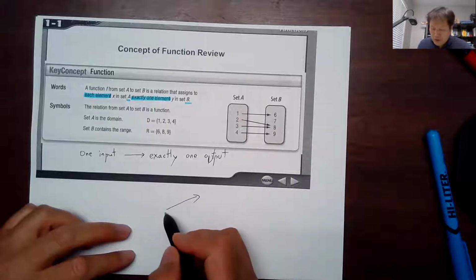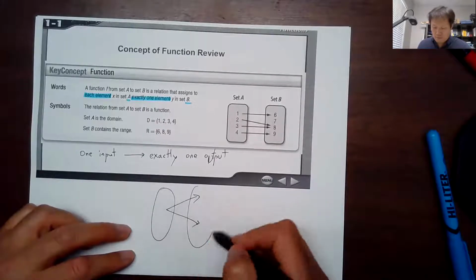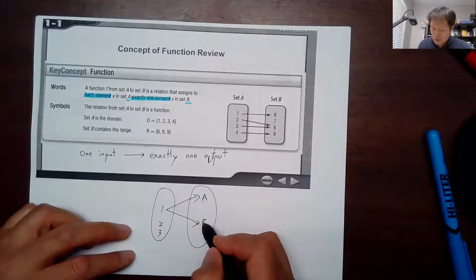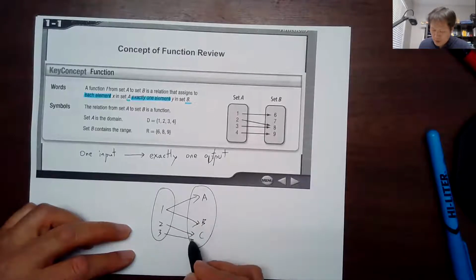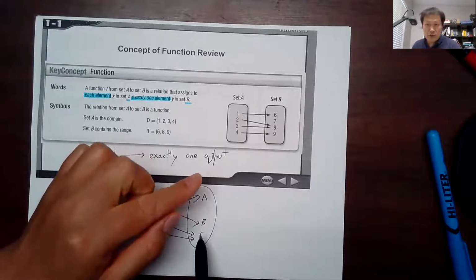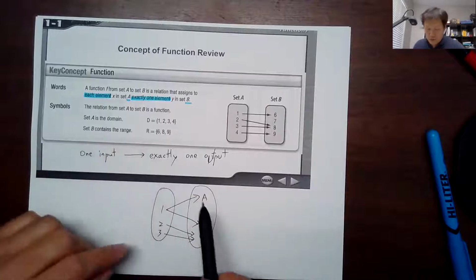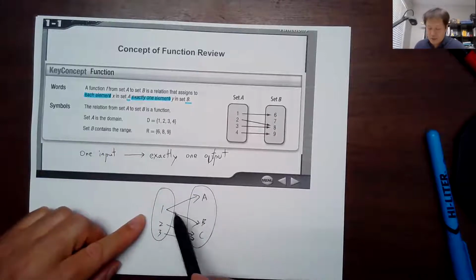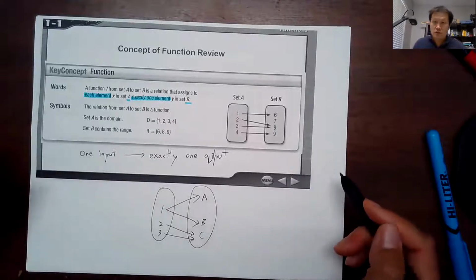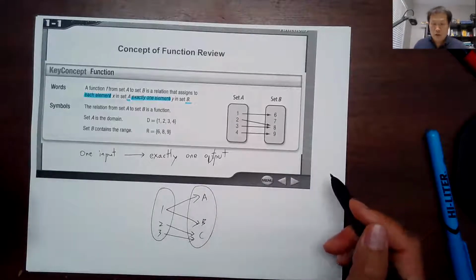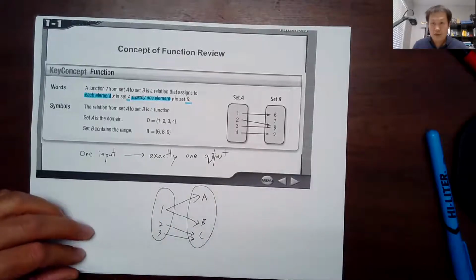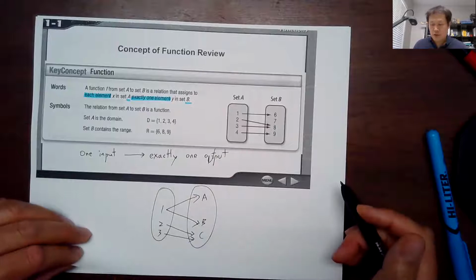If you ever see a split, like let's say 1, 2, 3, let's say A, B, C. If you see any input producing more than one output, sometimes the outcome is A, sometimes the outcome is B, that's not a function. So if one input splits to more than one output, that's the part where you say, okay, it's not a function anymore.